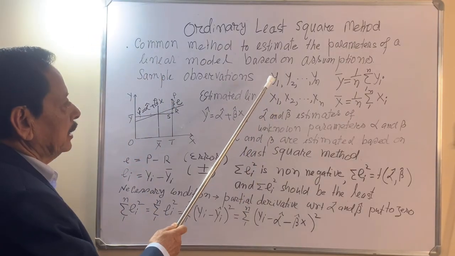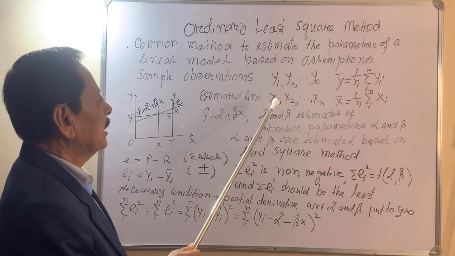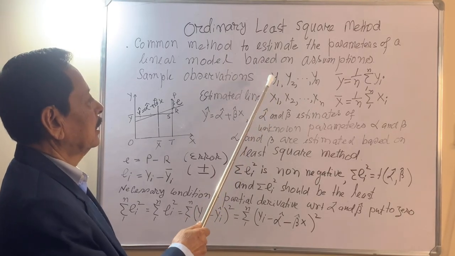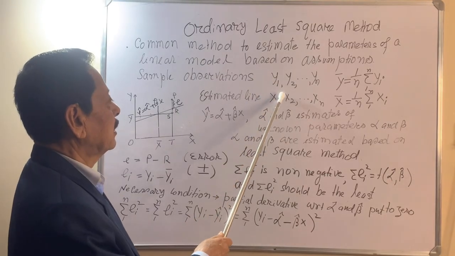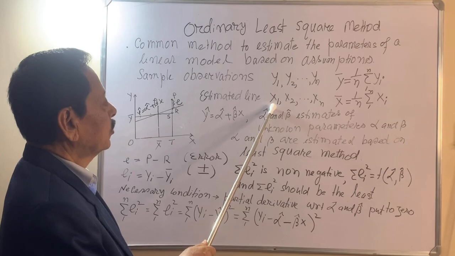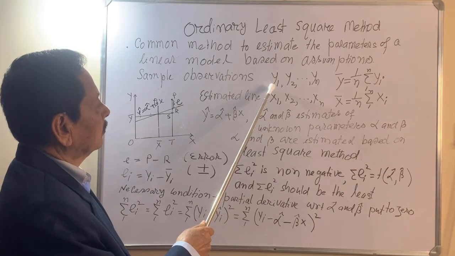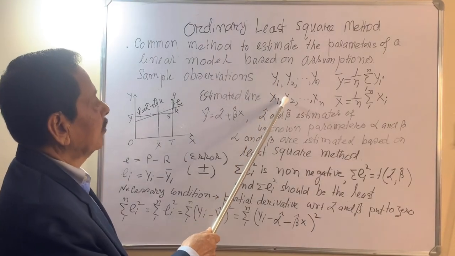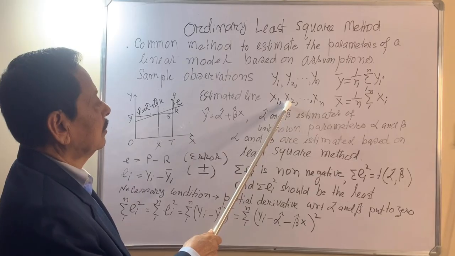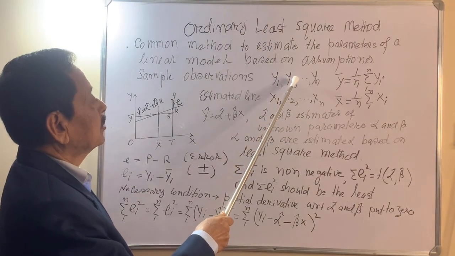So there will be different pairs. Suppose y is production and x is labor. If this much labor is put or appointed, production will be y1, this much. Then when labor is increased, production will be this much, like that.